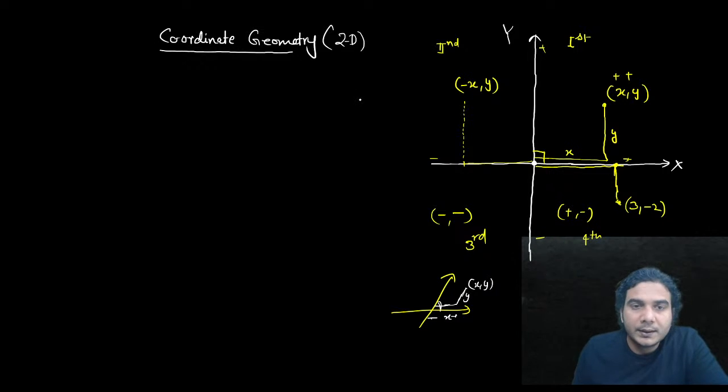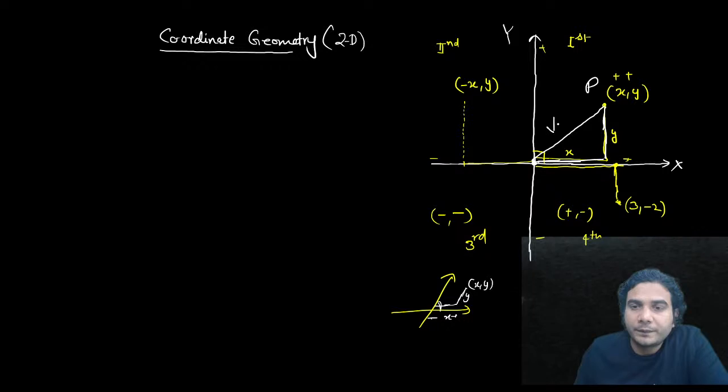To keep calculation easy, we do things in the rectangular Cartesian system, because 90 degrees makes things easy; we easily apply the Pythagoras theorem and get a right angle triangle. If I ask you to find the distance of this point P from the origin, you can find it easily, because you know this is x and this is y, perpendicular distance.